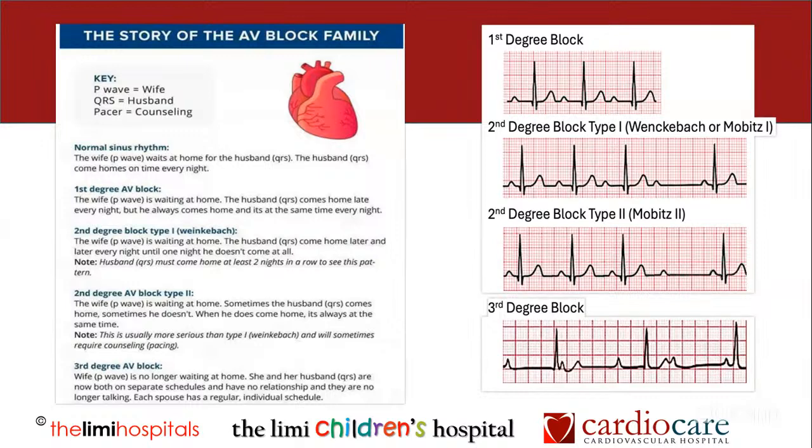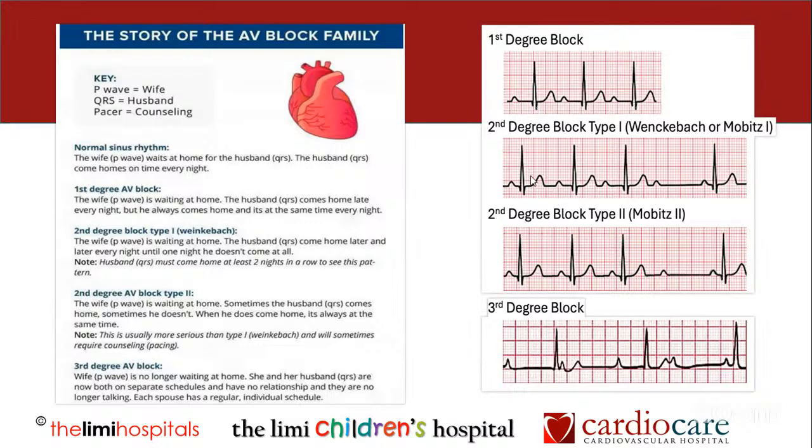So the P wave, the wife, is at home, and the husband comes home late every time, but he will come, and he will always come at the same time. So the PR interval is prolonged, but constant, and it comes like that every time. This is what we have here. We can see from the beginning of the P wave, the QRS is bigger than one big box, but you will find out that it is the same every time. So the boyfriend always comes home every day.